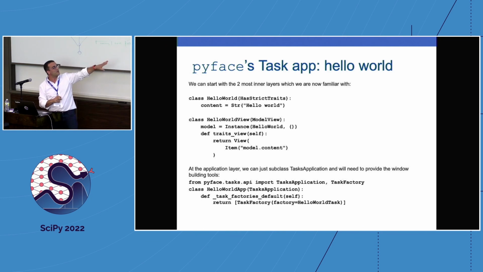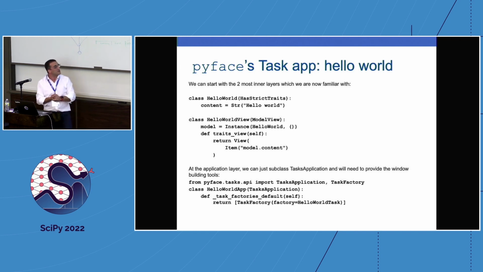So I'm creating an application here called Hello World App. And this is going to be a subclass of PyFace's application. Okay, so Hello World App. And the minimum thing I need to do is I need to tell the application what windows it is capable of building or what task it's capable of building.